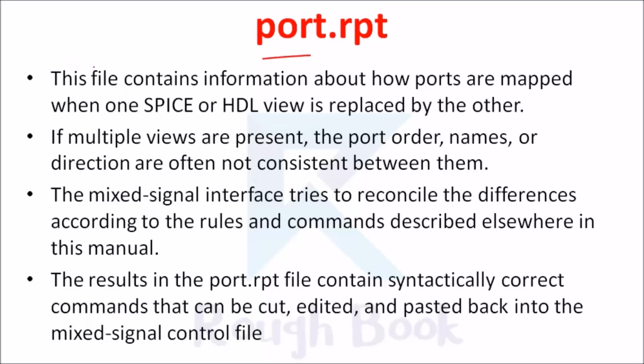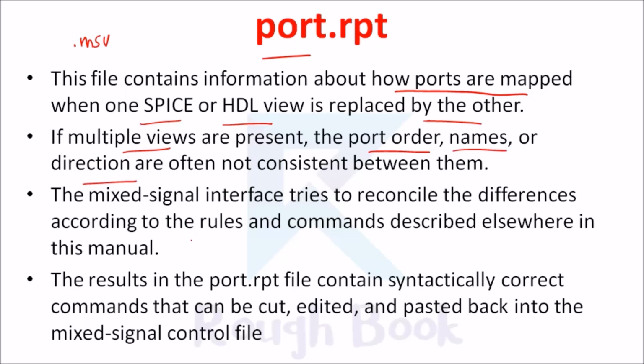port.rpt. This is one of the report files which are stored in the .msp directory. This file contains the information about how the ports are mapped when one SPICE or HDL view is replaced by another. If multiple views are present, the port order, names, or directions are often not consistent between them.